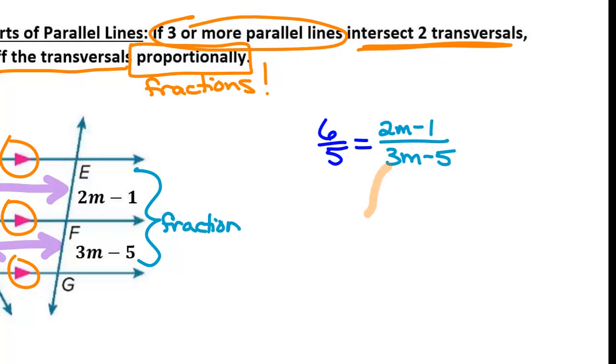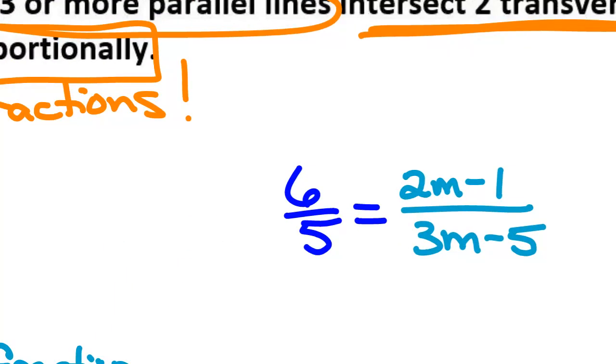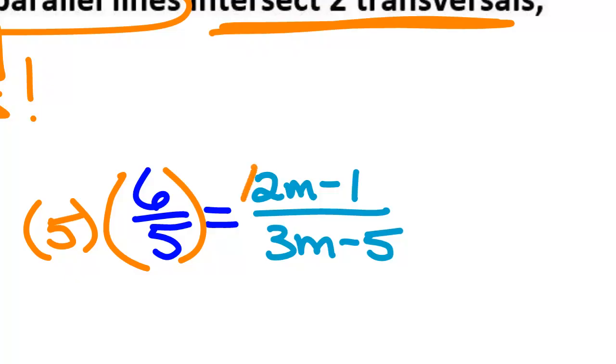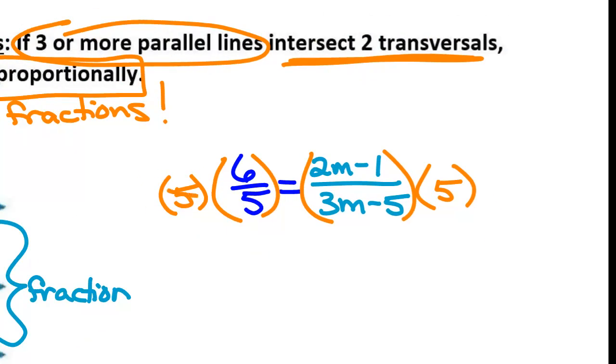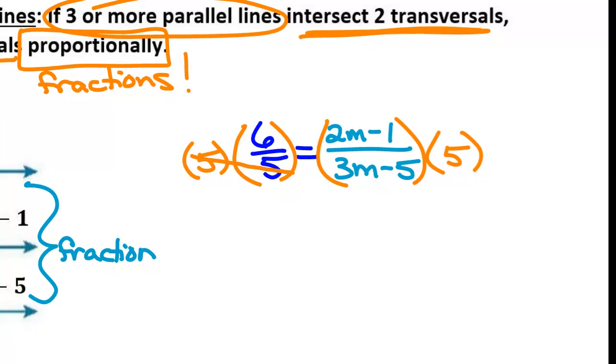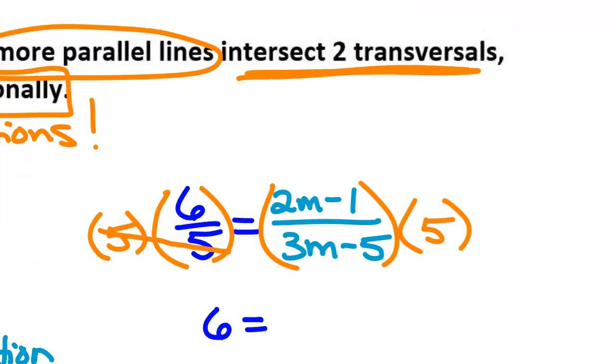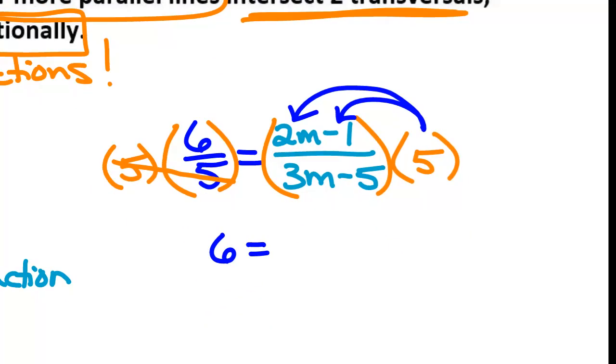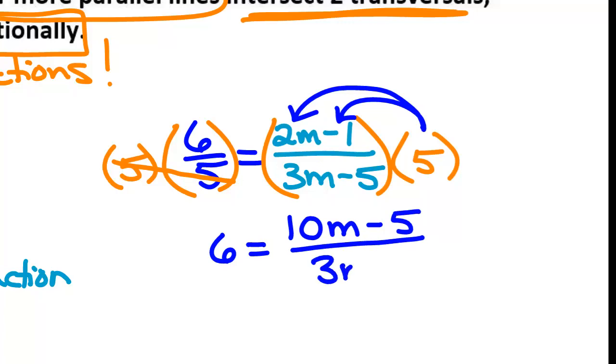All right, let's get rid of our fractions. Let's get rid of the 5 first. So we'll multiply both sides by 5. Cancels out my denominator over here on the left. So I have 6 equals. The 5 only distributes to my numerator. So I would have 10m minus 5 over 3m minus 5.